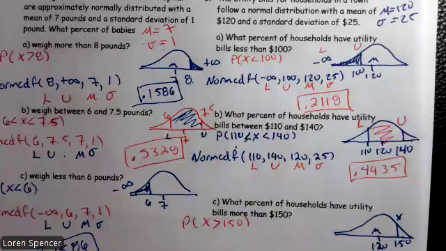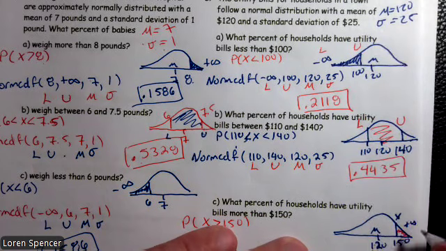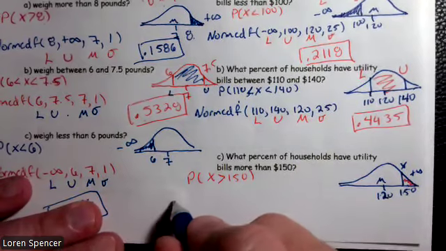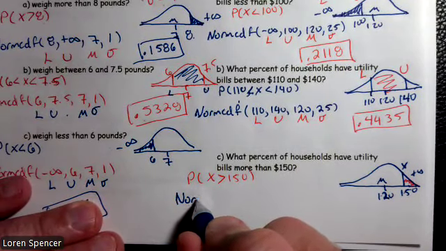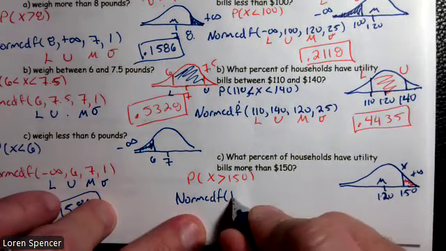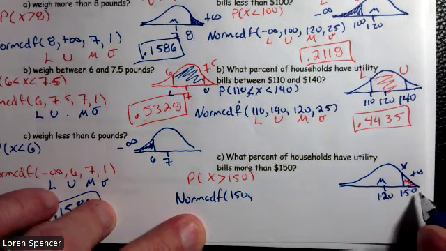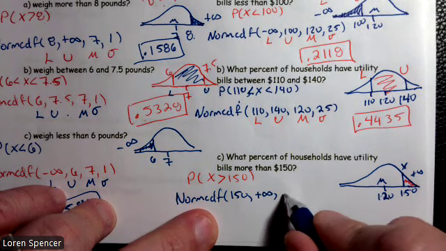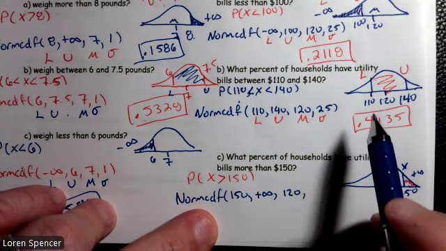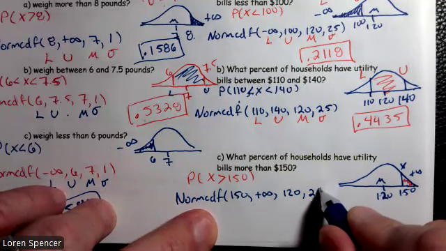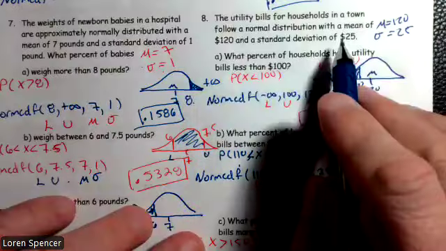So we're shading up. And please remember, we're shading to positive infinity. With that said, this is the normCDF. Lower part of my shading is at 150. The upper part of my shading is at positive infinity. We have a mean of 120, and our standard deviation is still 25 because that's what they told us right here.